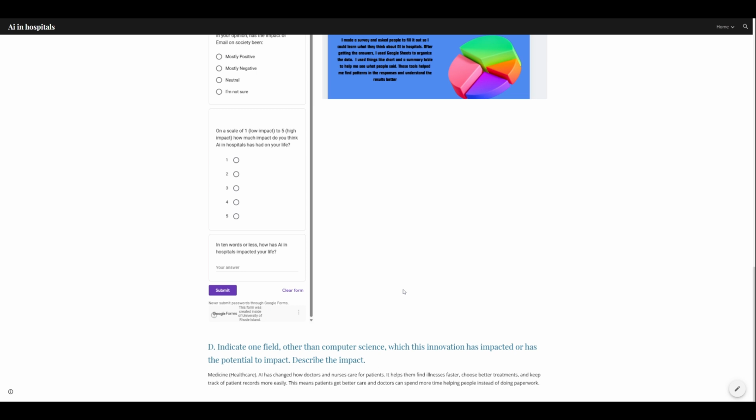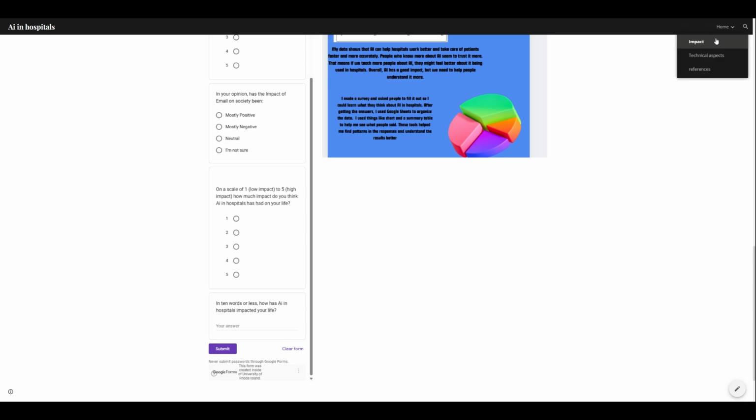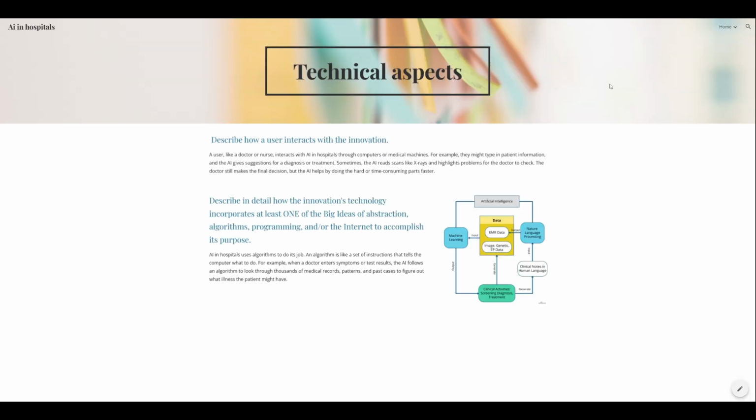One question asked to indicate one field other than computer science which this innovation has impacted. For me, this was an easy question to answer. It's the medical field and healthcare, and it really is speeding up and helping our doctors and nurses if used properly. So I'd like to continue to the technical aspects of it.